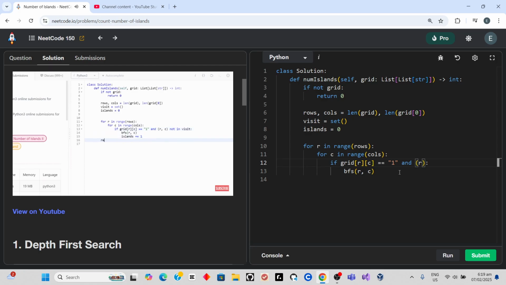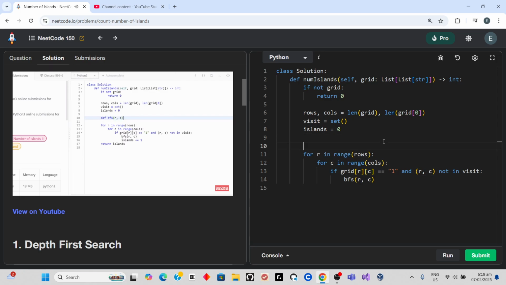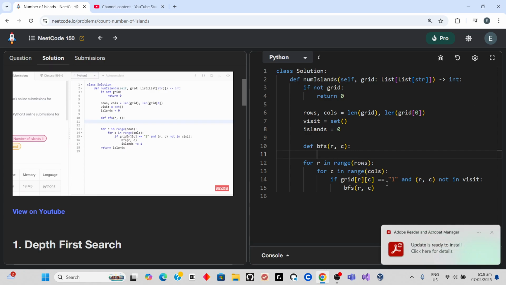And then ultimately, we're just going to return the number of islands. But we didn't actually write our breadth first search. Let's do that right now. So breadth first search is not a recursive algorithm, it's iterative. So we need a data structure to use for memory. So a queue is normally used for breadth first search.